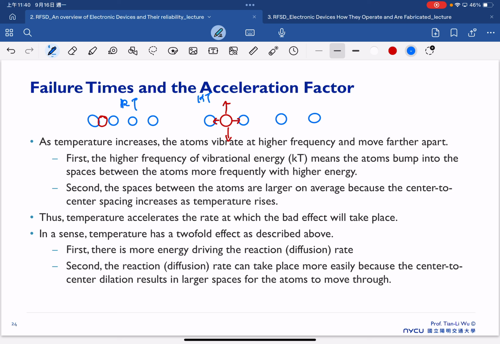And on the other hand, at a high temperature, the distance between each atom becomes larger. So that means this atom can more easily jump to another place and another place. So we have a large distance between the atoms.